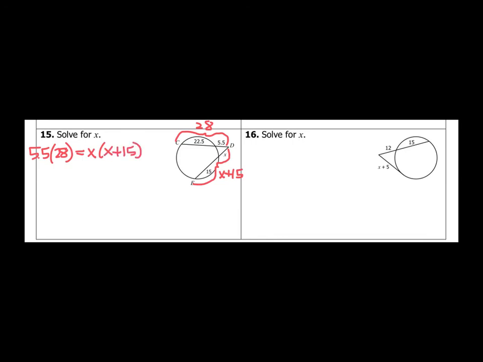And we're going to multiply this out. Over on the right, this is a simple distribute, so x times x is going to be x squared, and x times 15 is going to be plus 15x. Again, because of the squared, this is a quadratic, so I'm going to subtract the 154 to the other side and set this equal to 0.